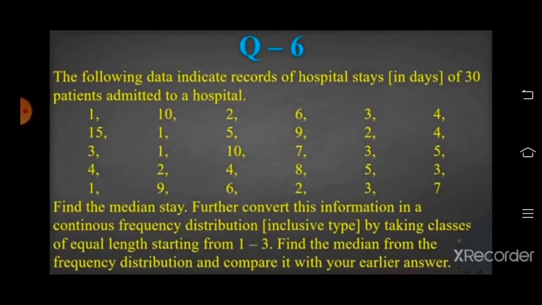Now sum number 6. The following data indicates records of hospital stays in days of 30 patients admitted to a hospital. Here they have given us raw information. We have to find out the median.